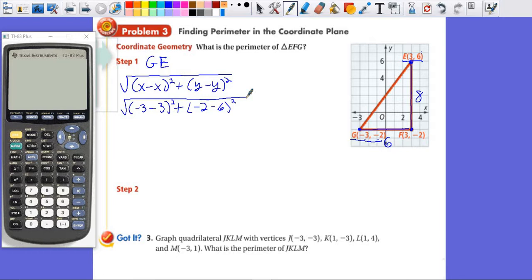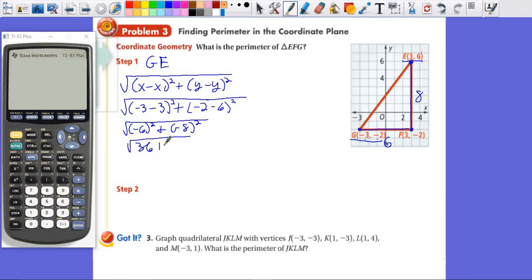All right? So now we just need to clean that up a little bit. Negative 3 minus 3 is a negative 6. And remember to keep it inside the parenthesis to make it a little bit easier. Negative 2 minus 6 is negative 8 squared. So once we've done that, we can go ahead and say that negative 6 squared is 36.